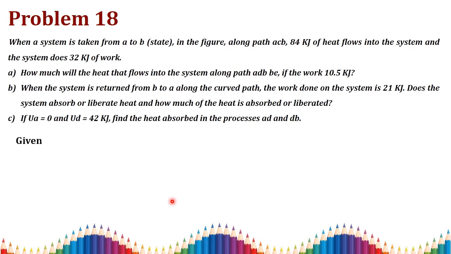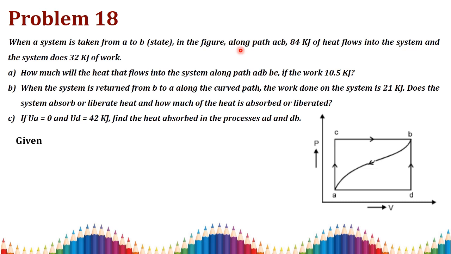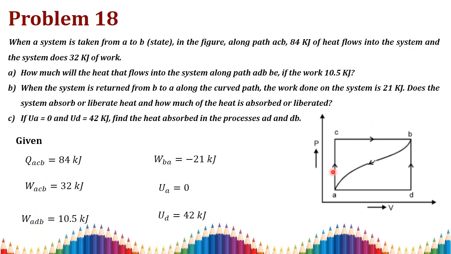So problem number 18: when a system is taken from state A to B, in the figure along the path ACB, 84 kilojoule of heat flows into the system. So here Q of ACB is 84 kilojoule and the system does 32 kilojoule of work.